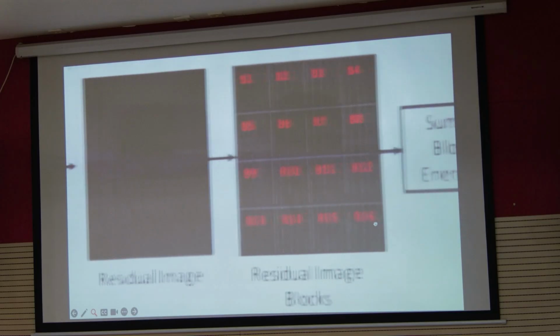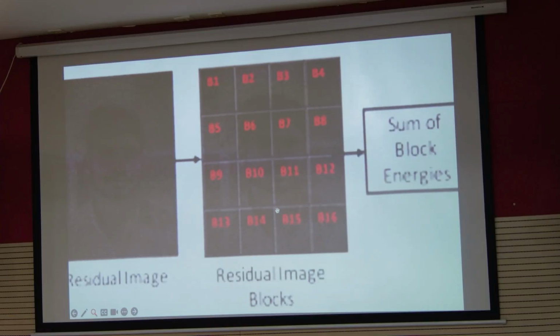Once I get that, I can chunk the whole image into a number of different blocks. These blocks you can configure by yourself depending on the application, but in this case we used 4x4 blocks. For each of these 4x4 blocks, we are computing the amount by which the pixels vary across the block.